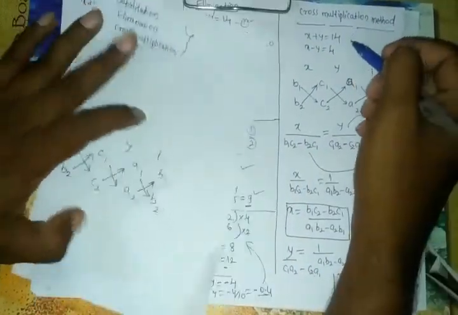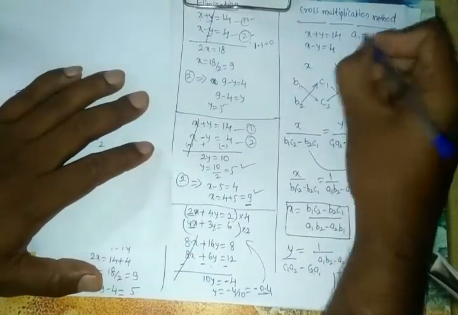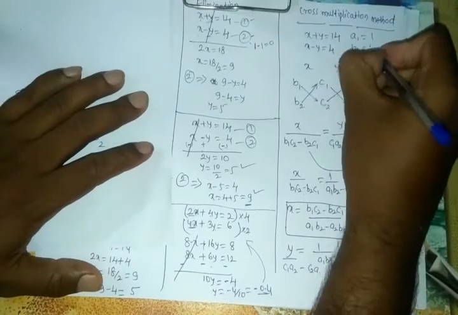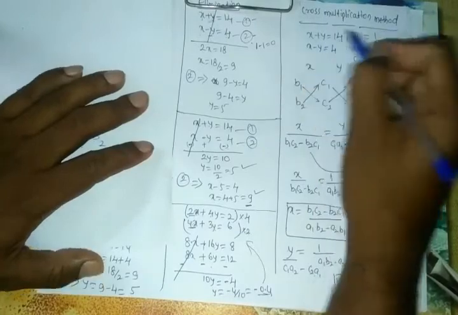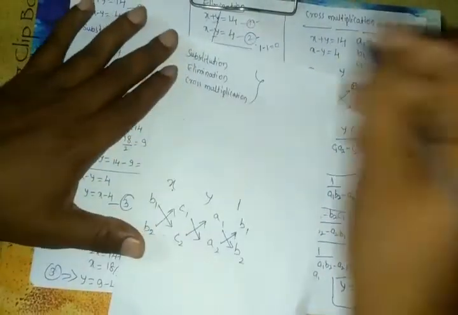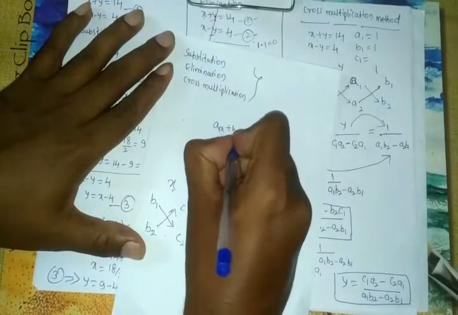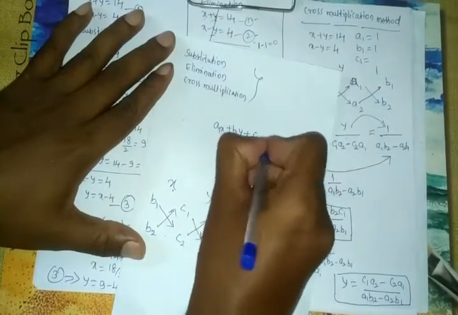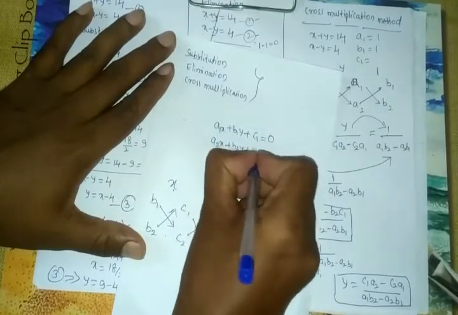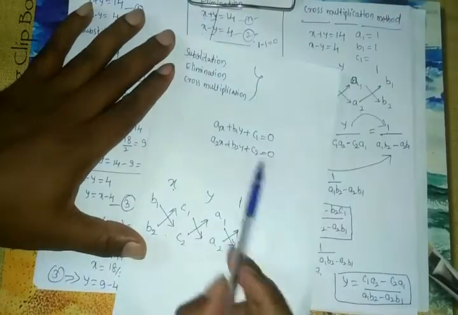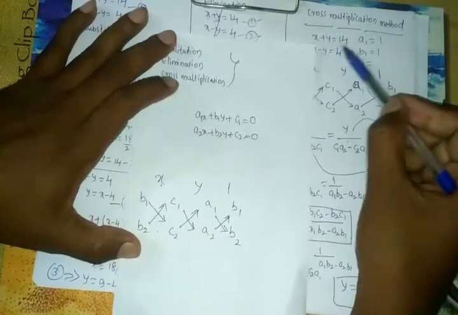Okay, let me write here only. So a1 it is 1, b1 it is 1, c1 it is minus 14, because we know the general form of equation is a1 x plus b1 y plus c1 equals to 0, a2 x plus b2 y plus c2 equals to 0. In this general form we need to write the given equation.